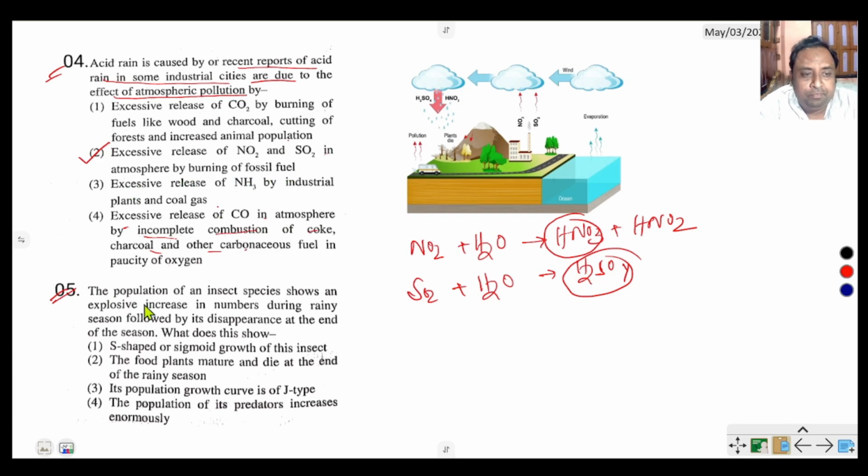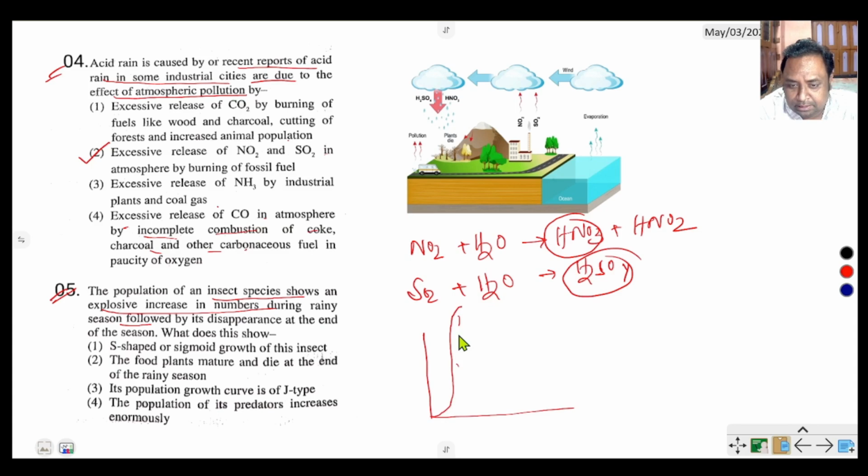Question number 5. The population of an insect species shows an explosive increase in number during the rainy season, followed by its disappearance at the end of the season. What does this show? Here the question wants to say that during the rainy season, the population of an insect increases.